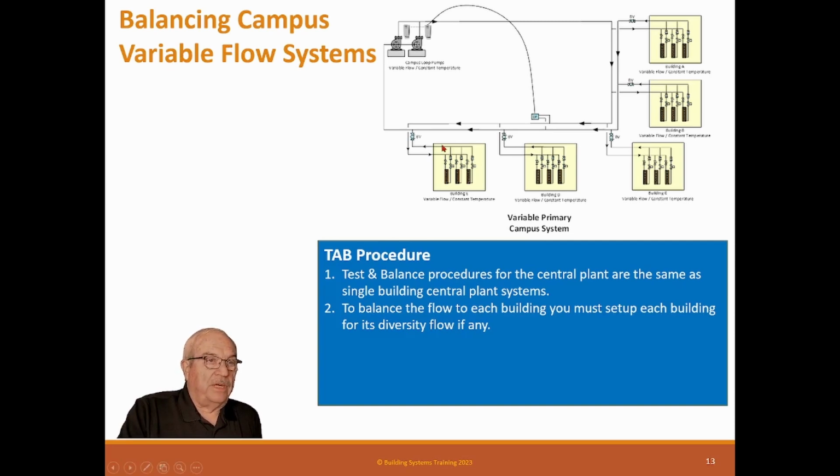Well, now you've got to find a building and balance it down, take a valve and close it off to where you get diversity flow, and then go set the rest of these valves so each building has it. So in other words, you've got to do the same thing as the other big system, except you won't be able to close off a building because it doesn't have that. So you're not going to have a whole building equal diversity flow.